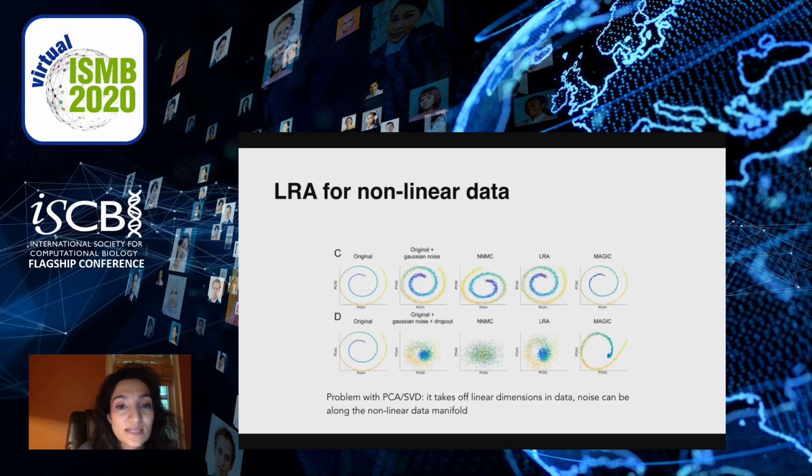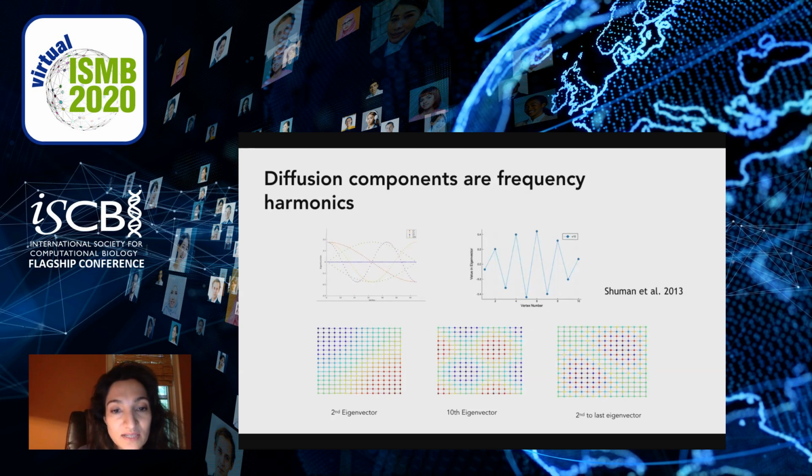So what we do instead is we use the nonlinear dimensionality reduction that I told you about in the form of diffusion maps, and we take a more subtle approach than just throwing out some of these diffusion components or something like that. For this, we notice that the diffusion components are eigenvectors of the diffusion operator, and also that they encode frequency harmonics.